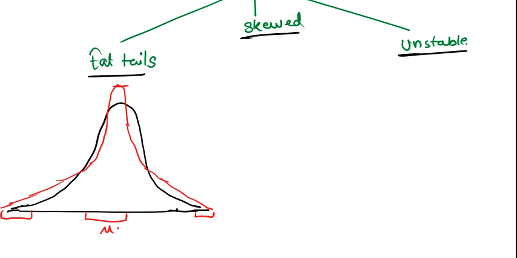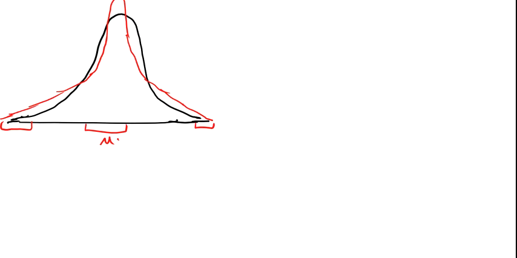Clear? Now the most important thing is that the mean and sigma of both the red diagram as well as the black diagram are the same. The mean and sigma for both diagrams are actually the same. This is my actual data.